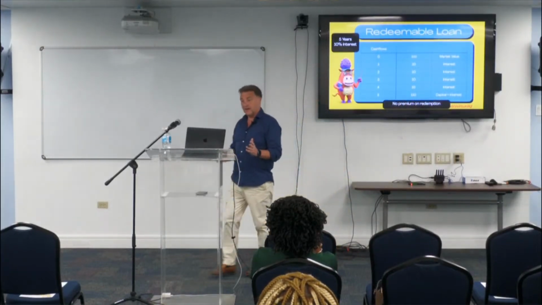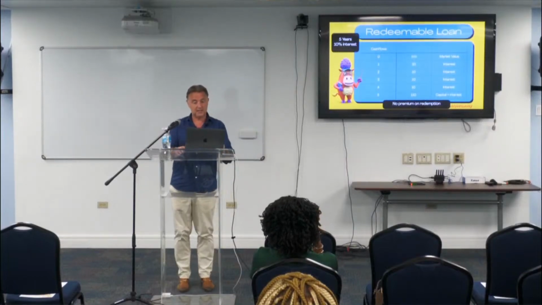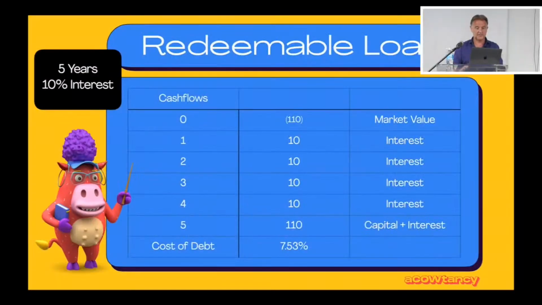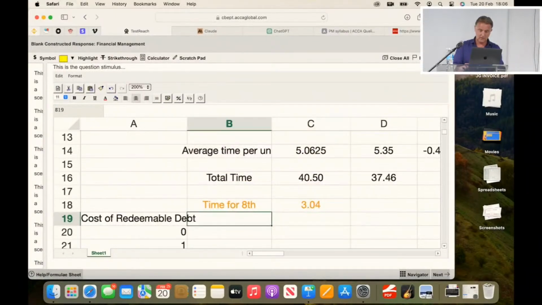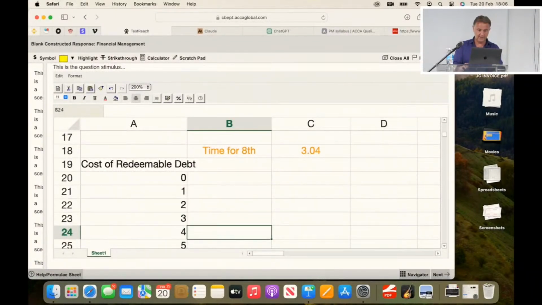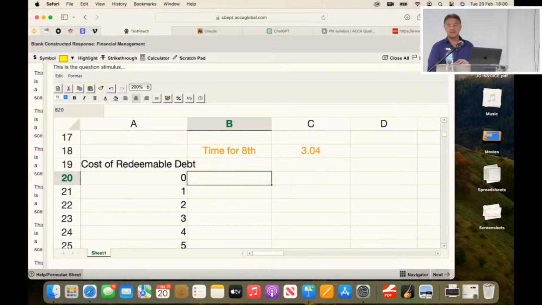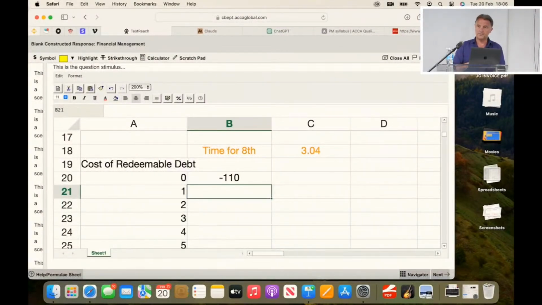And then once you've done that in your spreadsheet, you are away. It should come to 7.53%. Let's go do that live. I've written out my 5 years. What goes into year 0, folks? Market value, positive or negative? Negative, well done. What goes into year 1? 10.